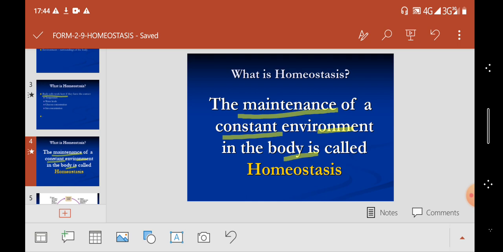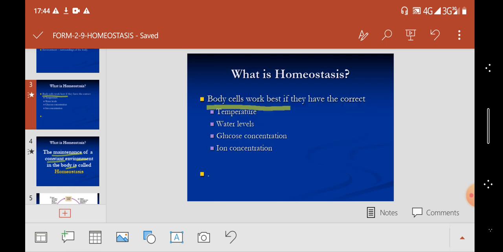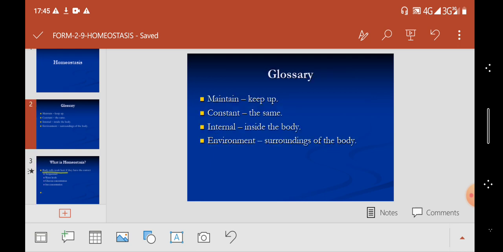Maintenance, you tend to keep it constant, and in keeping it constant you keep it the same. For example, the normal temperature of a human being is 37.